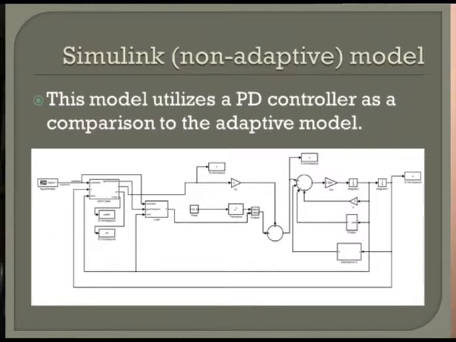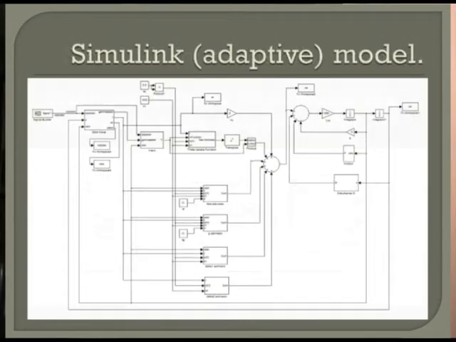There were a few details that they left out when it came to the acceleration profile that they desired, and then there weren't a whole lot of results other than the tracking error. So the Simulink adaptive model, as you can see, has several more items.